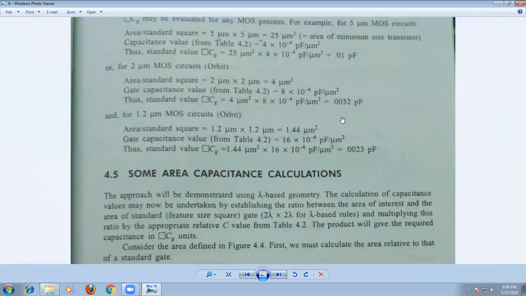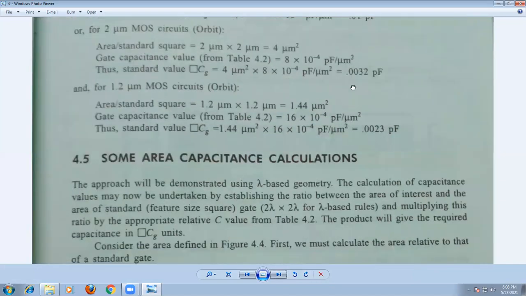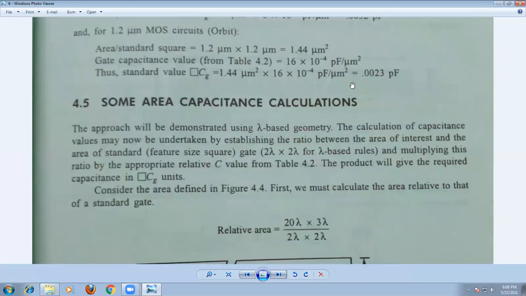Now let's come to how to calculate the area capacitances, in lambda based technology or in all the technologies, for the different layers.